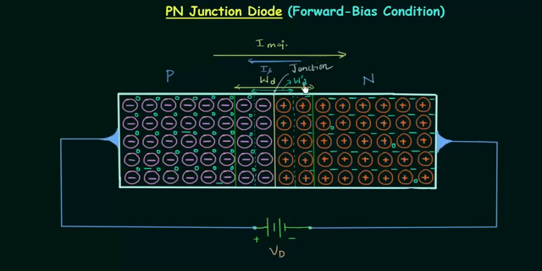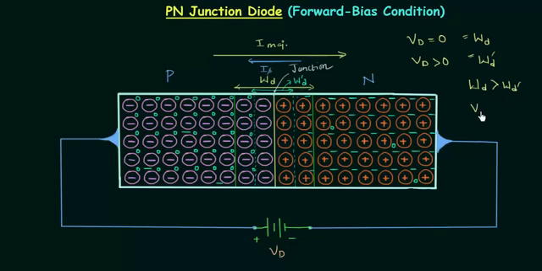So we have new width equal to WD prime, and if I compare it with no bias condition, then VD was equal to 0 and the width of depletion region was W subscript D, and when VD is greater than 0, it means it is positive. The new width is WD prime, and if we compare WD and WD prime, we will find WD is greater than WD prime.